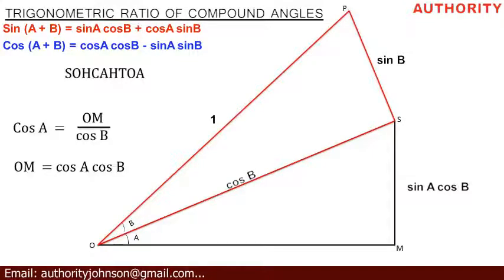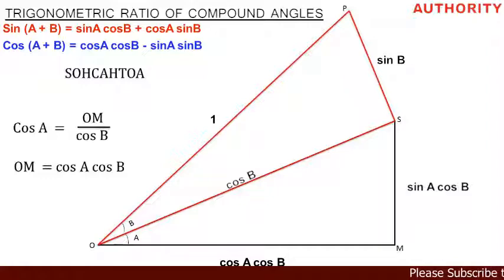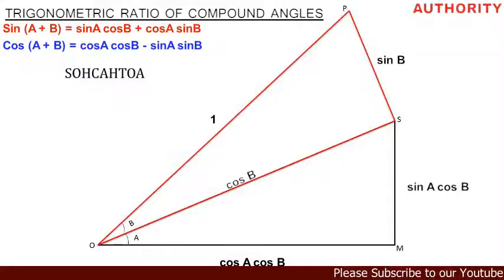We're going to have cos A cos B. So we see that our adjacent, which is line OM, is giving us cos A cos B. All right? Yes.